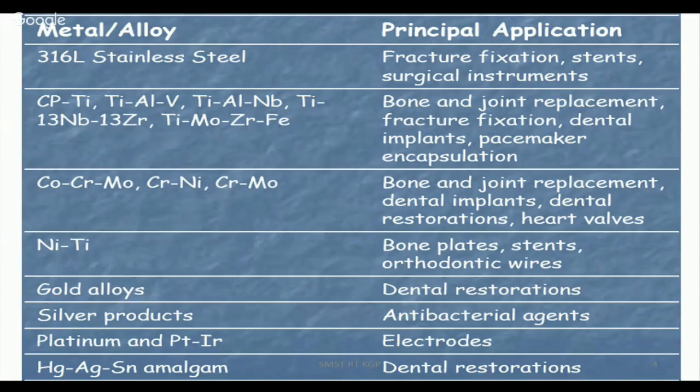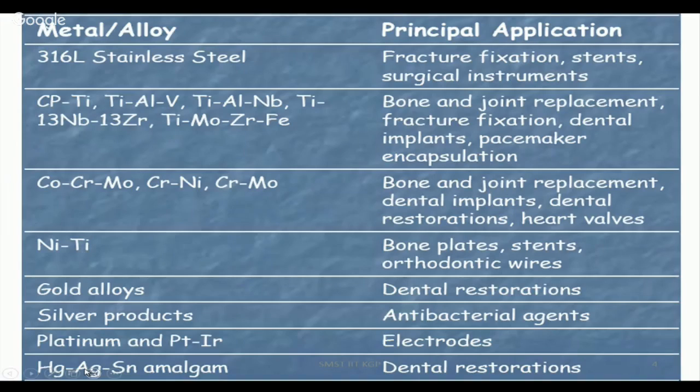Even sometimes you see a refrigerator with silver nano. So now people are trying to add more functions to the products so that you can have more efficacy. As I said, wound dressing material. People are using silver nanoparticles for antimicrobial properties. And I think the mercury, silver and tin amalgam is no more used for dental restoration.